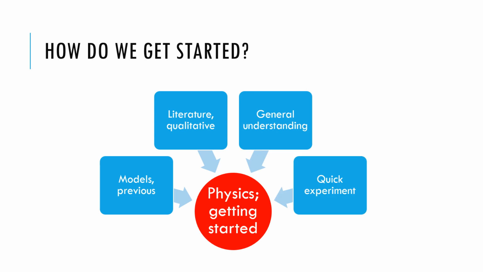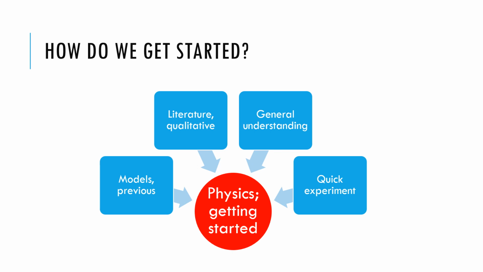Next, we look for very general understanding of it, not even scientific or technical literature, but just general understanding of the process based on our everyday experiences or just what people think about it.